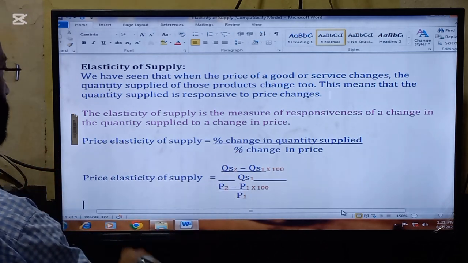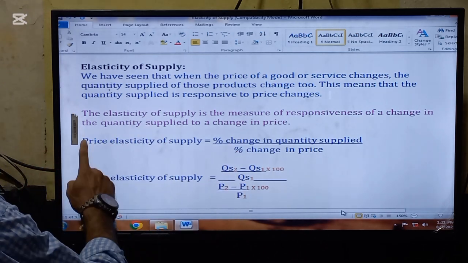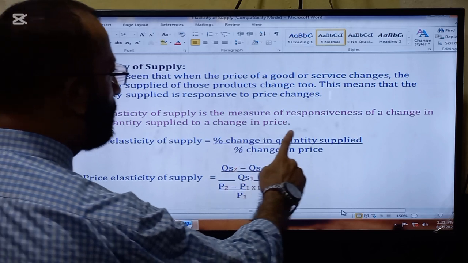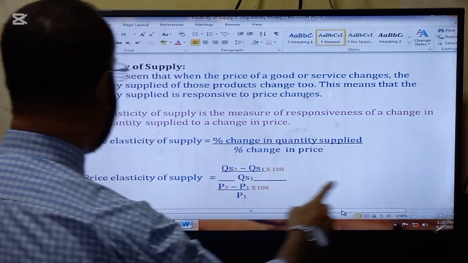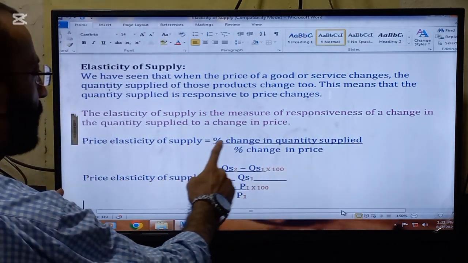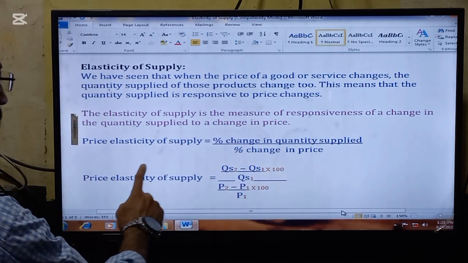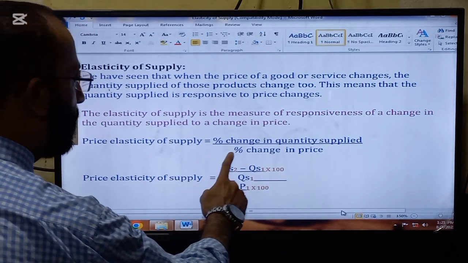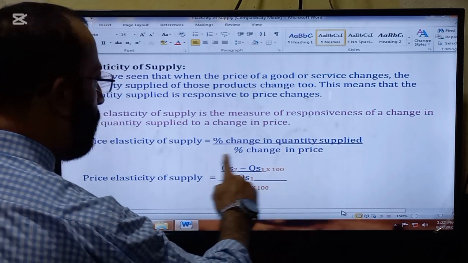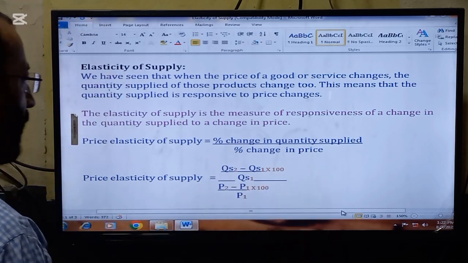Here is the definition of the elasticity of supply. The elasticity of supply is the measure of the responsiveness of a change in the quantity supplied to a change in the price. And here is the formula. Price elasticity of supply is equal to percentage change in the quantity supplied over percentage change in price.